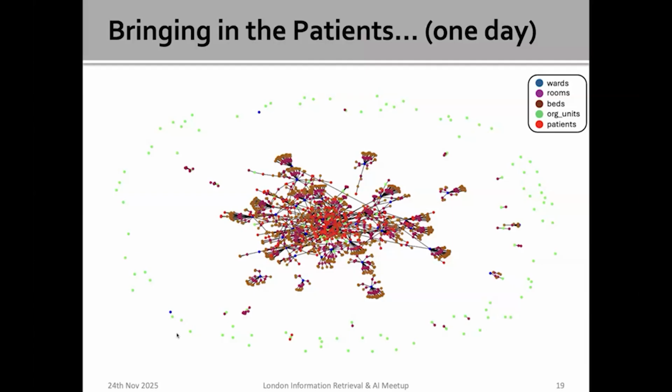This is only the information for one day. It's a random day from our data set, but it gives you an idea of how our data looks. The problem with that setup is we have the spatial information and we know the relations between patients and the hospital, but we don't know anything about the flow of time.